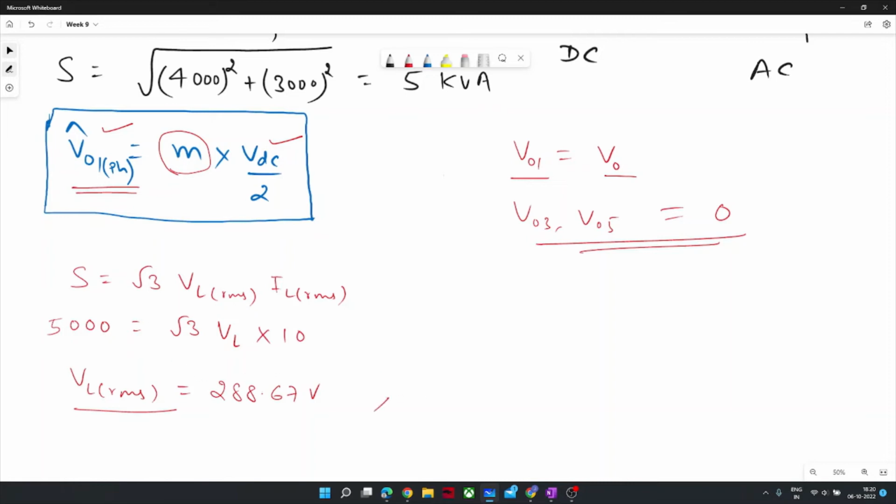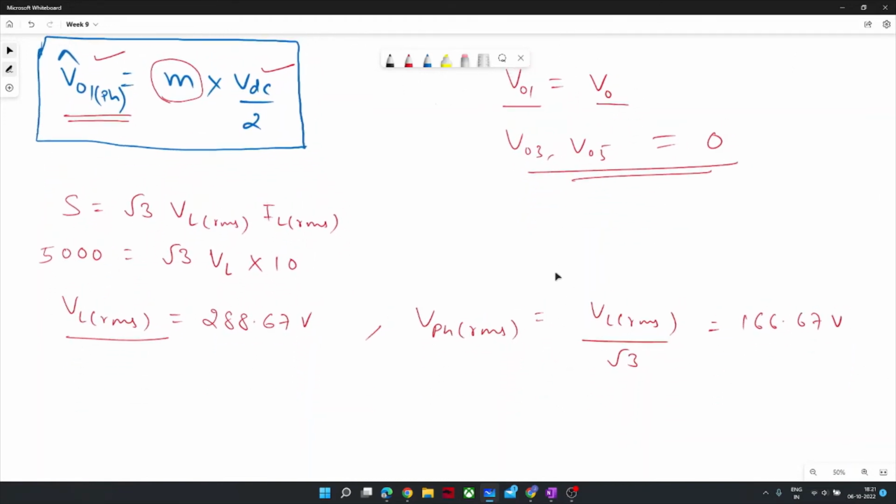So V phase RMS would be equal to VL RMS by root 3. So that will be 288.67 divided by root 3, that would be 166.67 volt, and its peak would be multiplied by root 2.